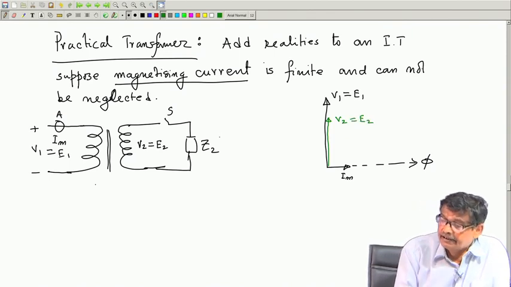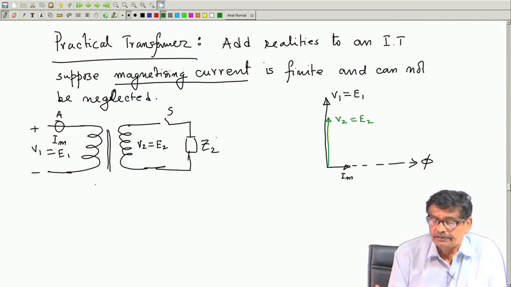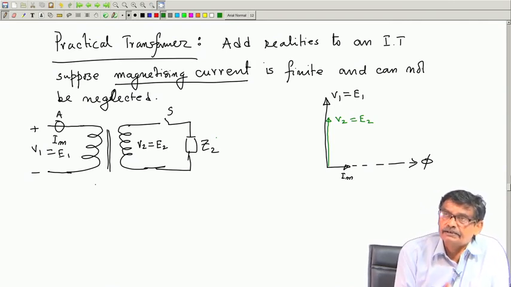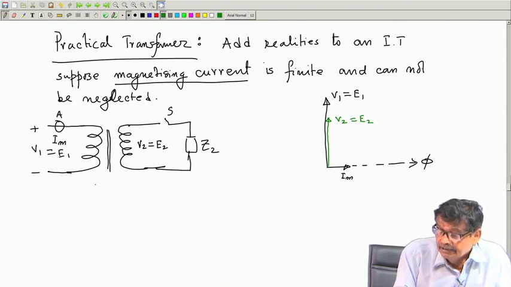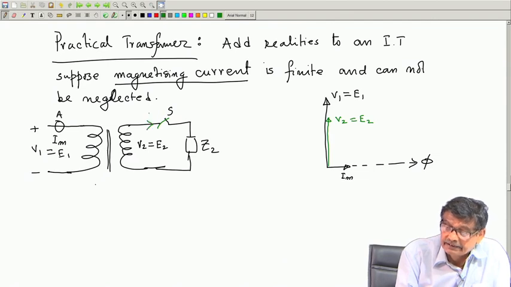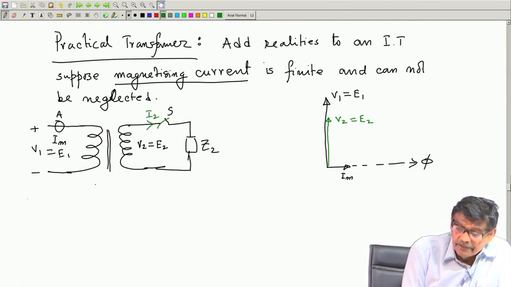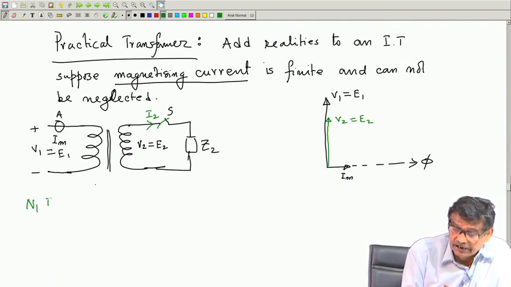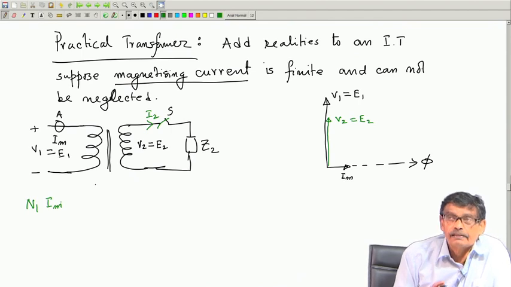What is the secondary current? With S open, nothing, I 2. What is the reflected current? Nothing. But the moment you close it, there will be a secondary current I 2. What was the MMF acting in the circuit before S was closed? It was N 1 I m.